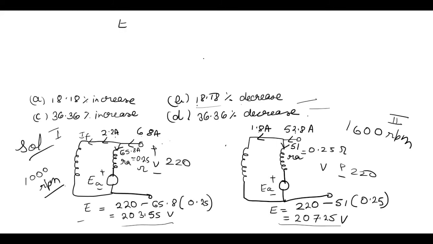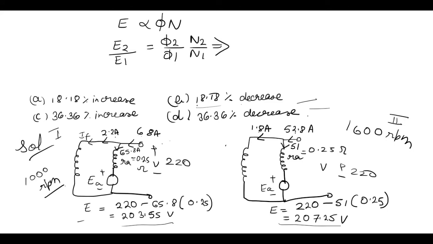Now we know the formula that E is directly proportional to phi N. So E2 upon E1 is equal to phi2 upon phi1 into N2 upon N1.